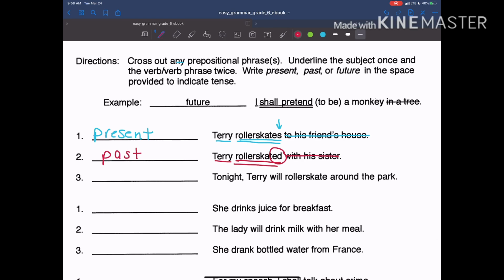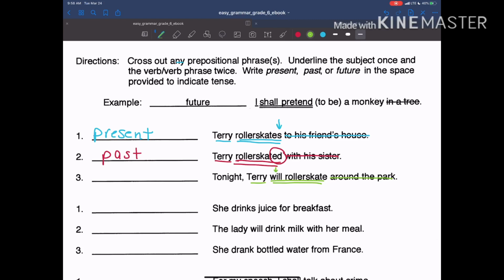Tonight, Terry will roller skate around the park. Are there any prepositional phrases here? Yes, there are. Around the park. Our subject is Terry, and our verb is will roller skate. That's our verb phrase.